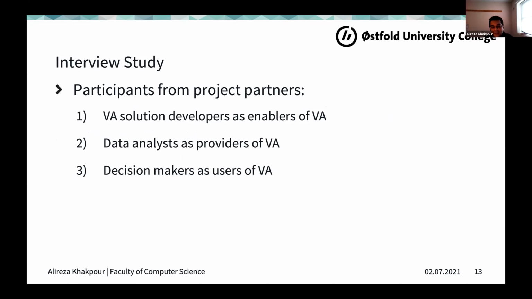Now we want to see how the industry is dealing with the topic. From the previous work, we found that the data analytic activities are very much dependent on the people that deal with the actual analysis.